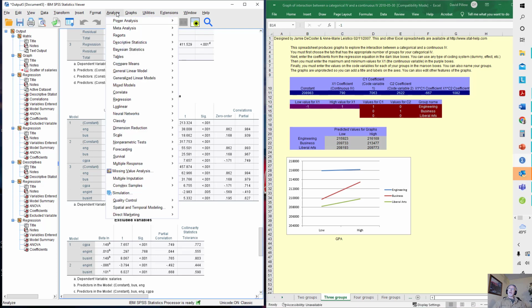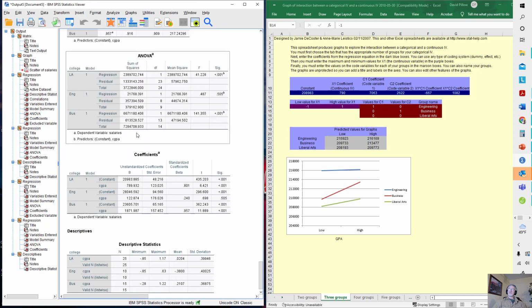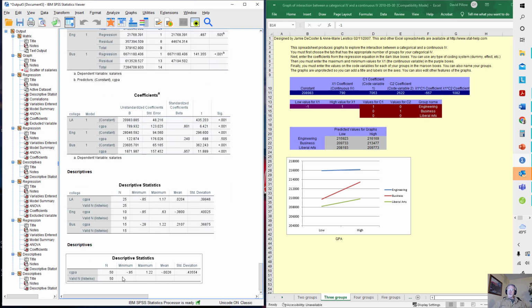Go ahead to SPSS and go to descriptive statistics. On descriptives, let's look for my center GPA. And I find that my minimum is minus 0.85 and my maximum was 1.22.